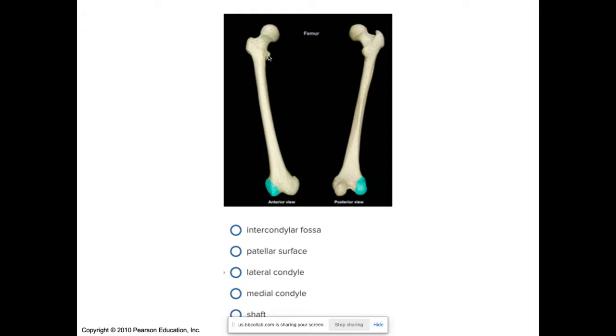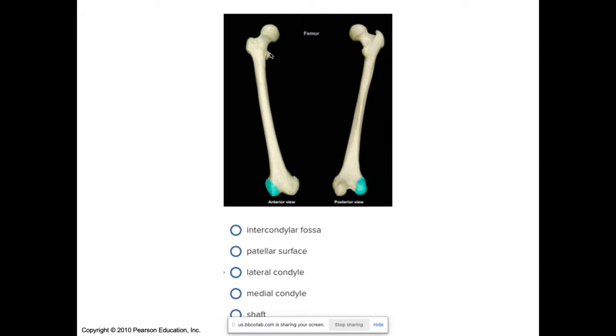So the tubercles are of the humerus, the trochanters are part of the femur. And then remember, the head of the femur articulates with the acetabulum, that dish, the cavity of the pelvic bone.